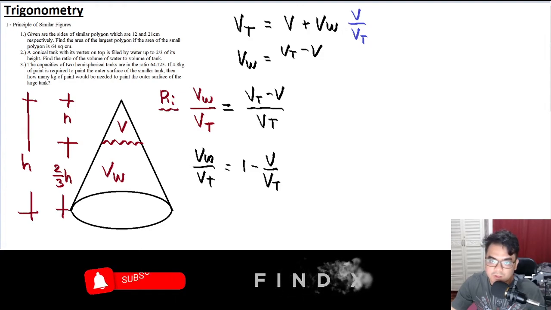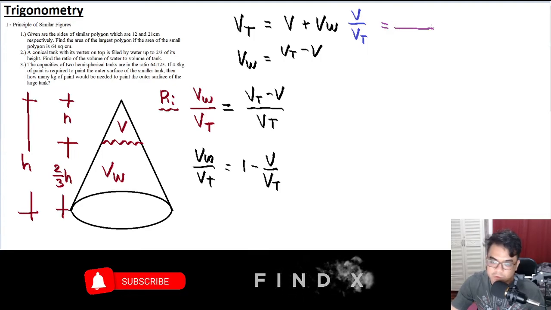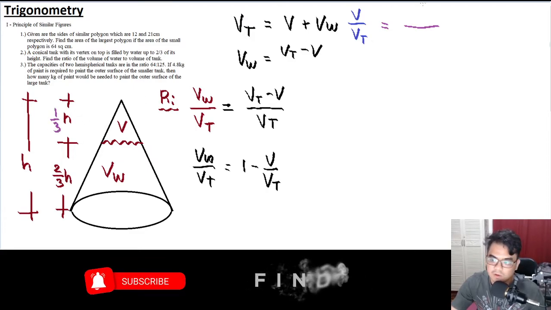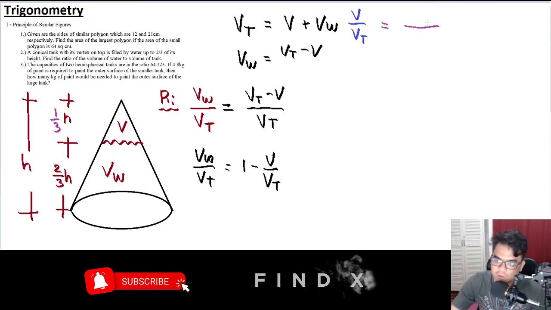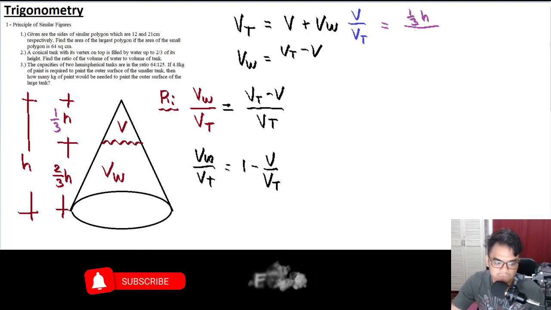We have the volume of the top part, V, and the total volume, VT, and this should be equal to their heights. What is the height of V? Sorry, this should have 1/3 here. The height of V is 1/3 h, and the height of the total tank is just h.